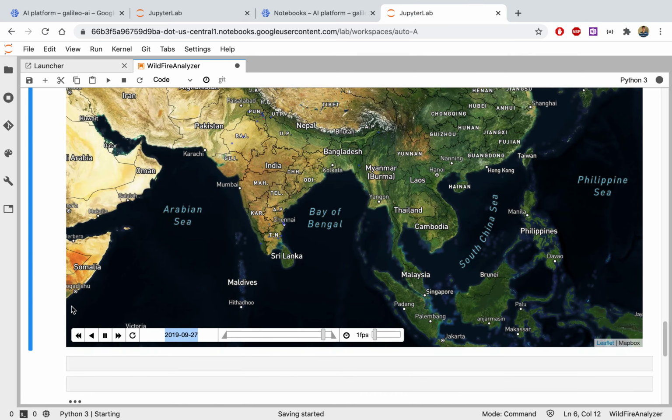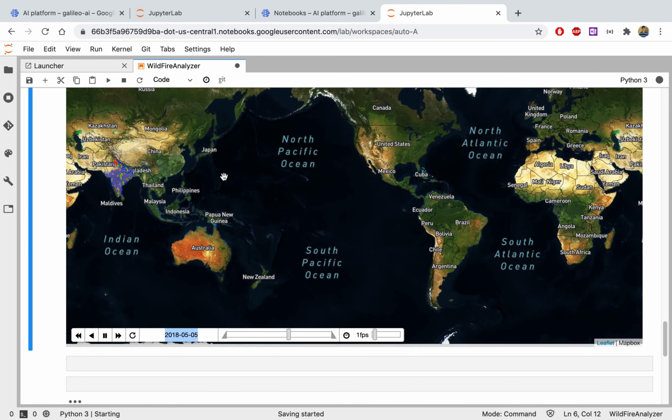And let me switch to a few years back, 2017 December. So the interesting thing is there's always some activity early around the year in the northeastern states. So I think a lot of wildfires are getting caused around that area.